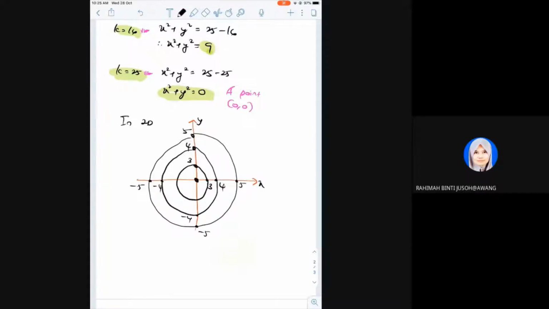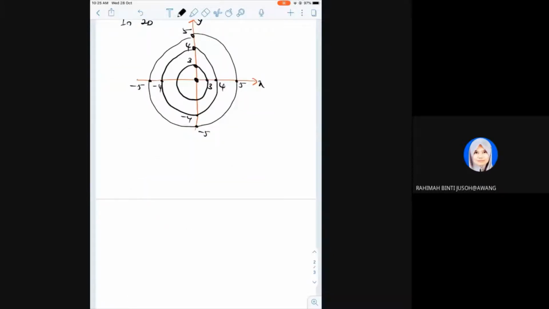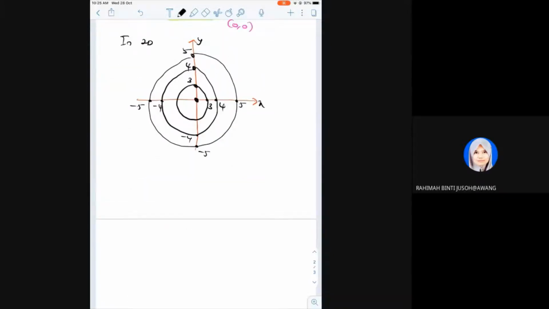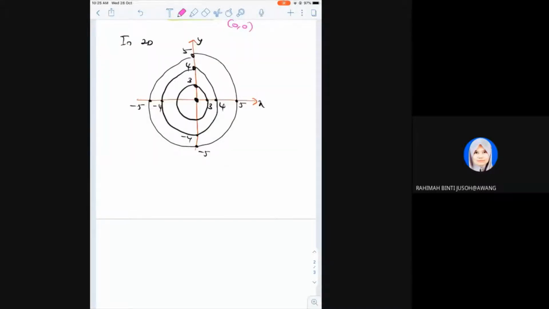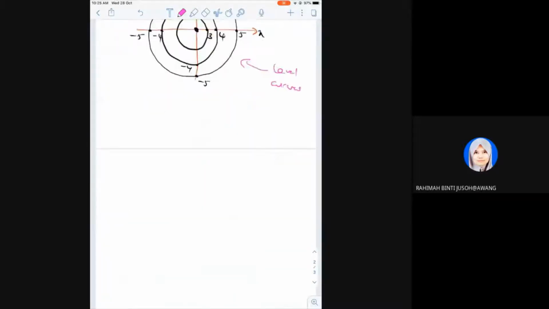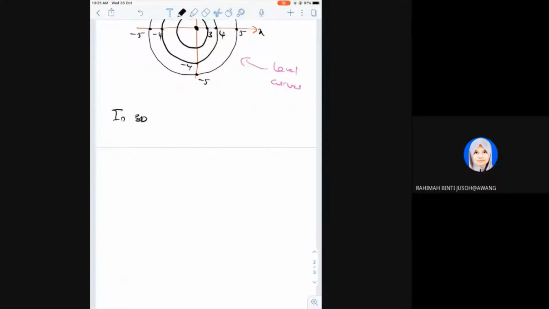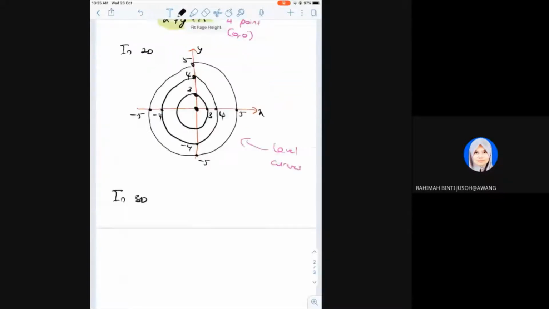Now I'm going to transform this level curves. This is the level curves in 2D. Let me transform this graph into 3D. What is k actually, guys?